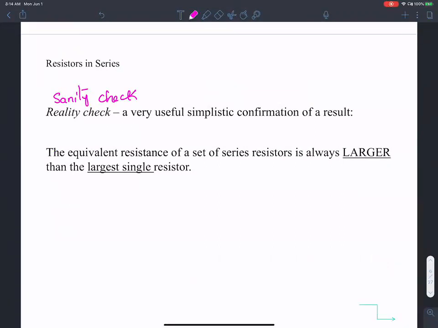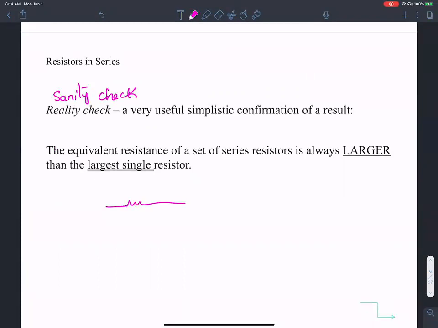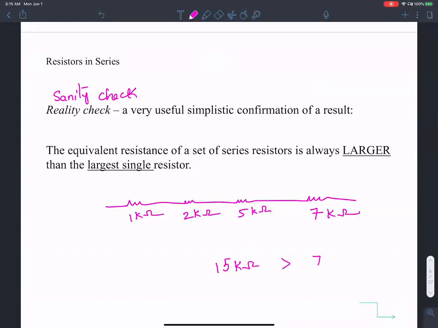If you have a bunch of resistances in series, the overall equivalent resistance is larger. If the equivalent resistance is 15 kilo ohms, it is definitely larger than the largest of the resistances here.